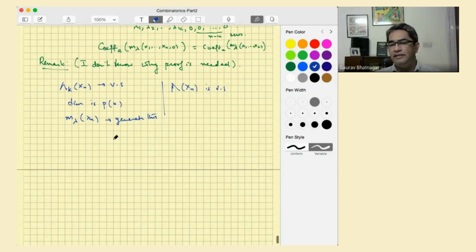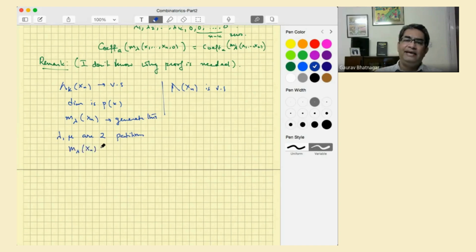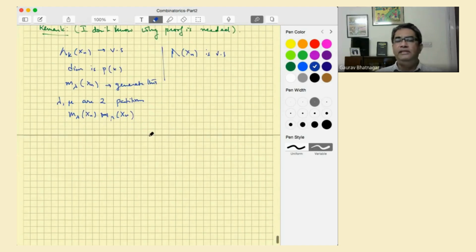So these are the basis elements. If lambda and mu are two partitions, what about m_lambda of x_n times m_mu of x_n?